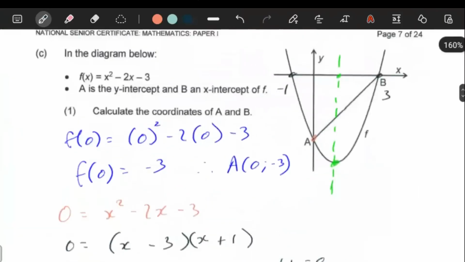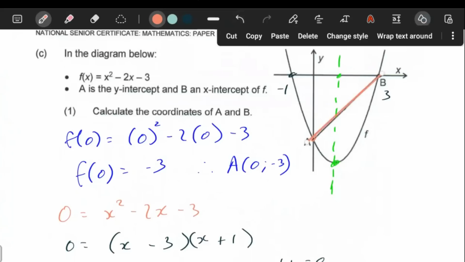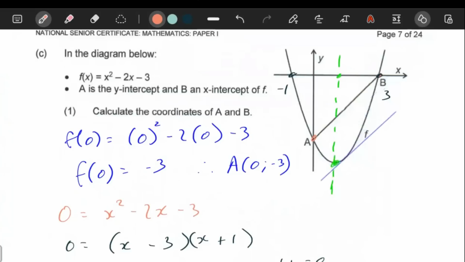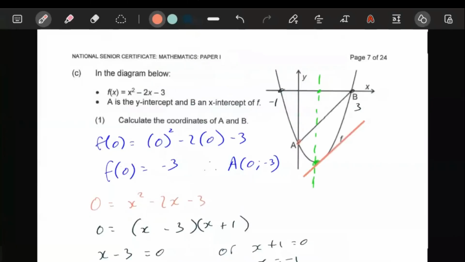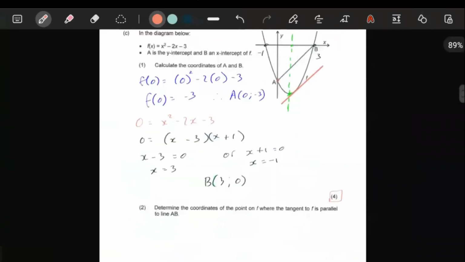So we're talking about a tangent that will look something like this, but then the tangent is going to be down here. If you're going to get the equation of that tangent, the fortunate thing is a tangent is just a straight line.